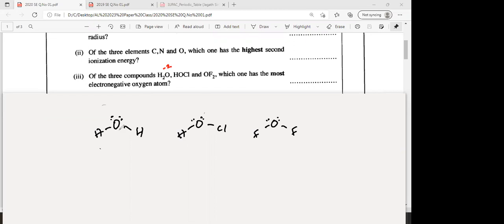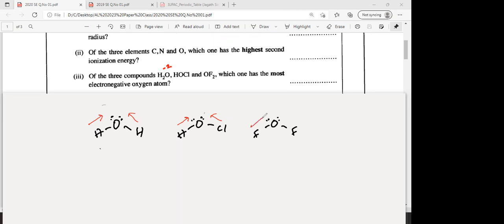I'll mark the arrows here. Here electrons are attracted toward oxygen. Here also electrons are attracted toward oxygen. Here one electron is attracted towards oxygen, and this bond also, oxygen is more electronegative than both these. With respect to chlorine and hydrogen, oxygen is -2.